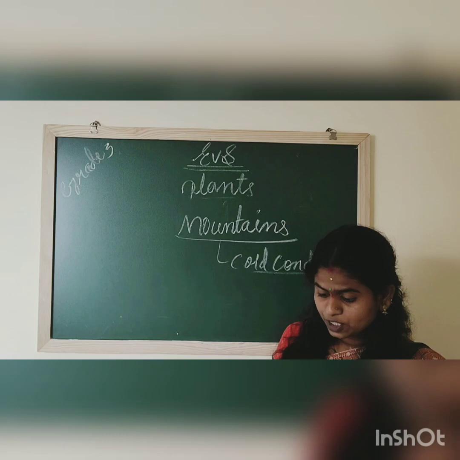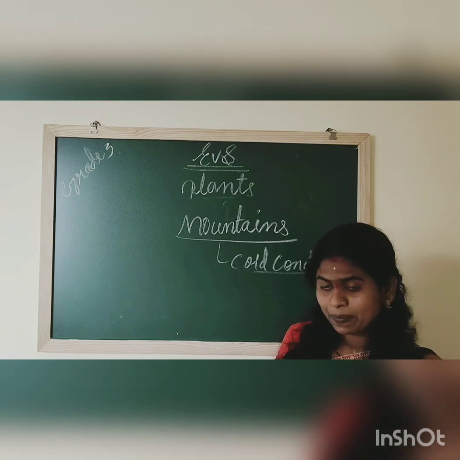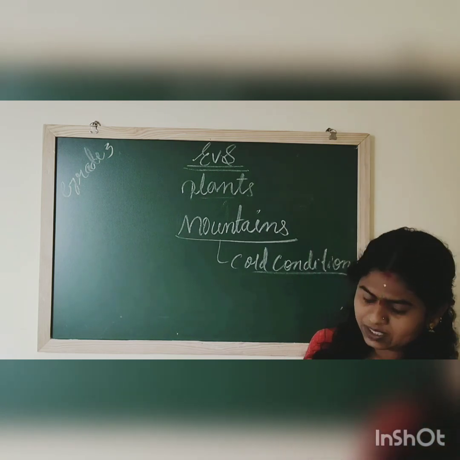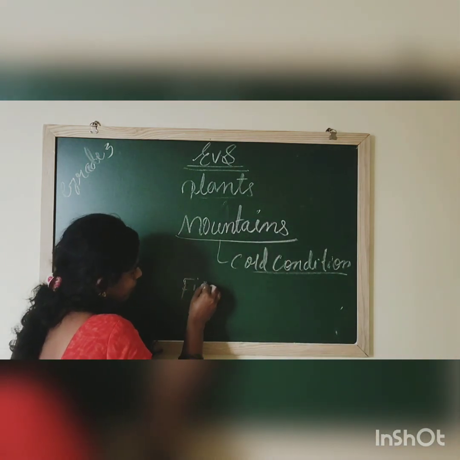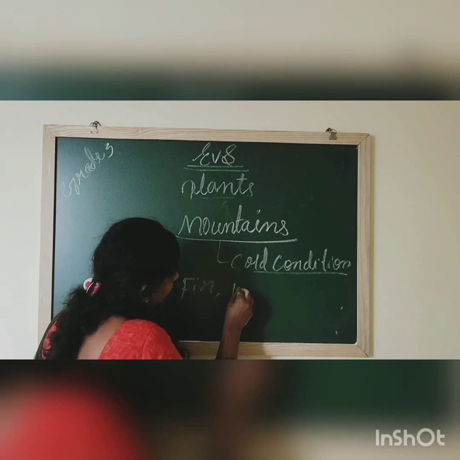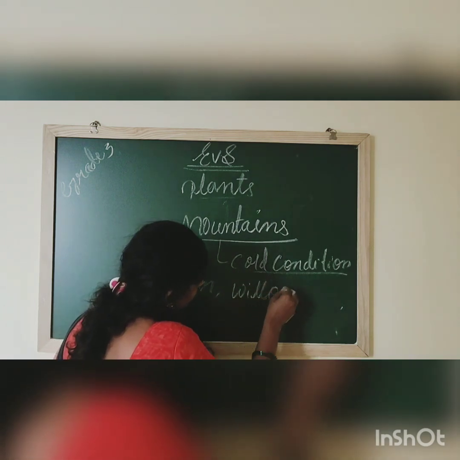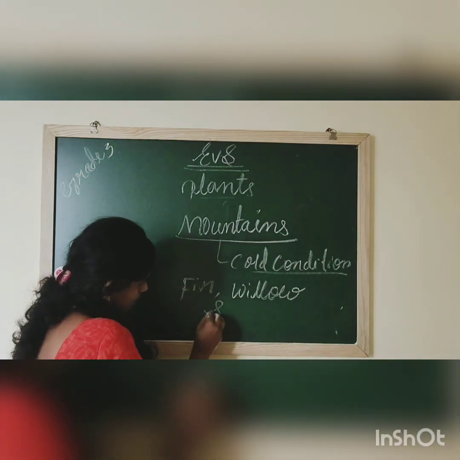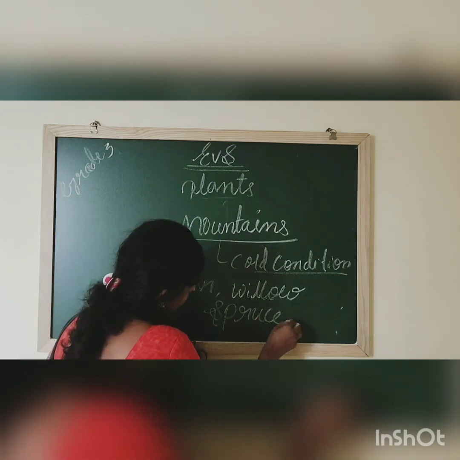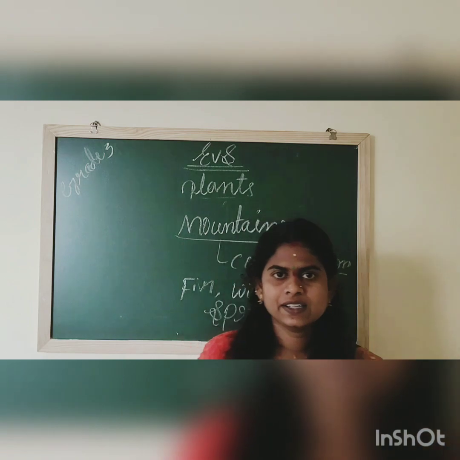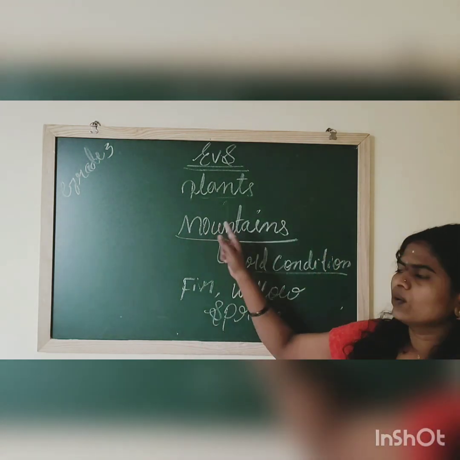Fir, willow and spruce are the plants which grow in these kinds of regions. It is a very cold climate. Okay. Willow and spruce. These are the kinds of plants which grow in the mountain regions.